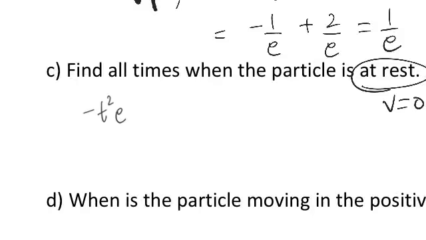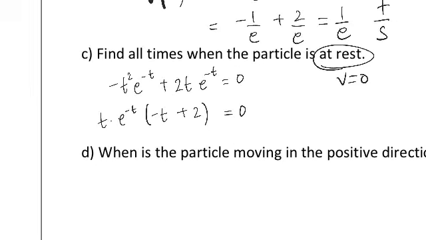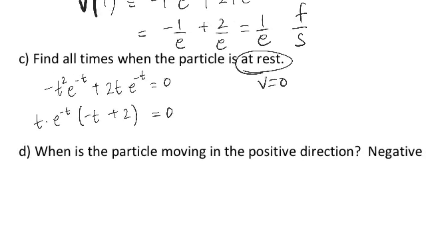Negative t squared e to the negative t plus 2t e to the negative t, set it equal to 0. Factor out a t and an e to the negative t, and then in parentheses we have negative t plus 2, right? And then we'll set each factor independently equal to 0 and solve. So t is equal to 0 will be one time when we're at rest.